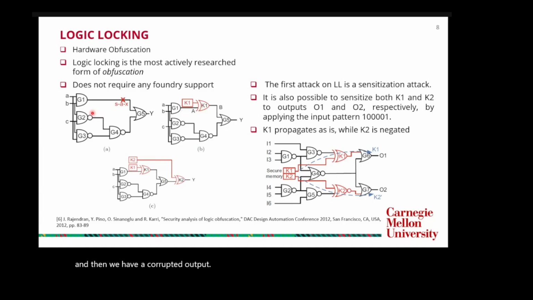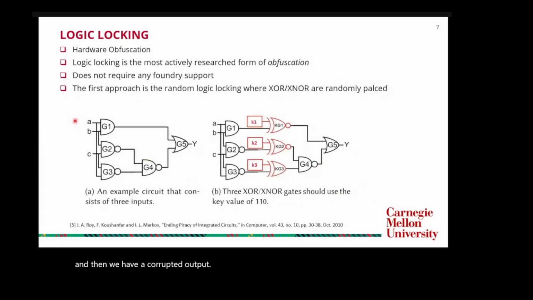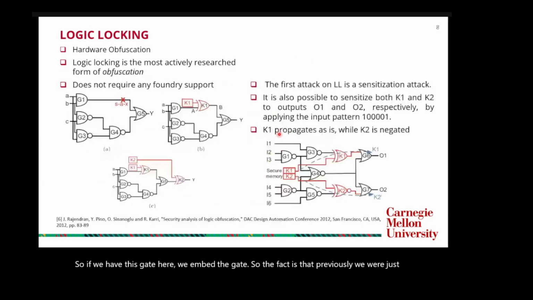So the difference is that previously we were just placing random gates, and then we had keys. Here we are identifying the reasonable fault locations where we have to put the faults, and then we try to embed the key gates. This is called a key gate, which has a key.